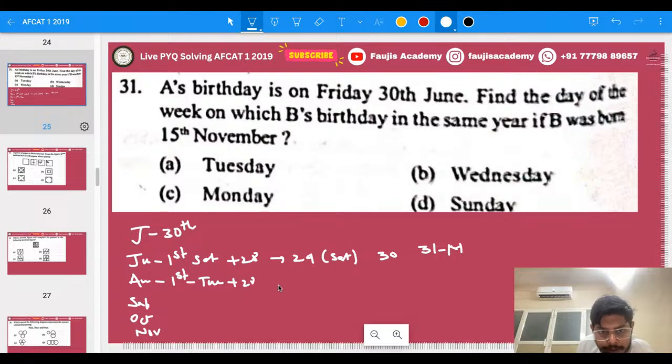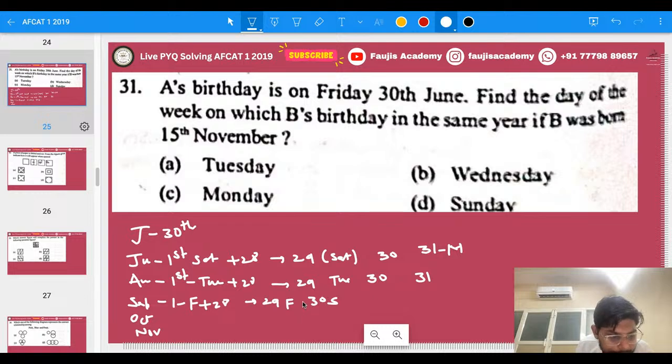Plus 28, August 29th is Tuesday. Wednesday, Thursday. September 1st will be a Friday. Plus 28, September 29th will also be a Friday. 30th will be Saturday.